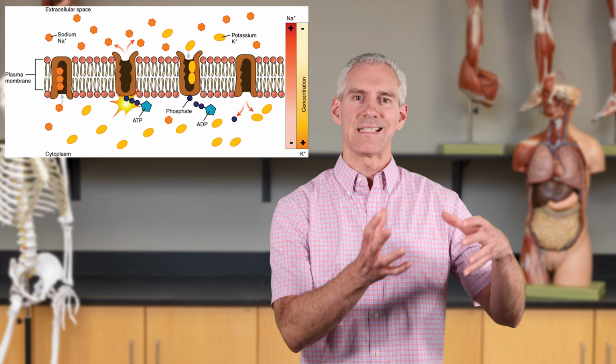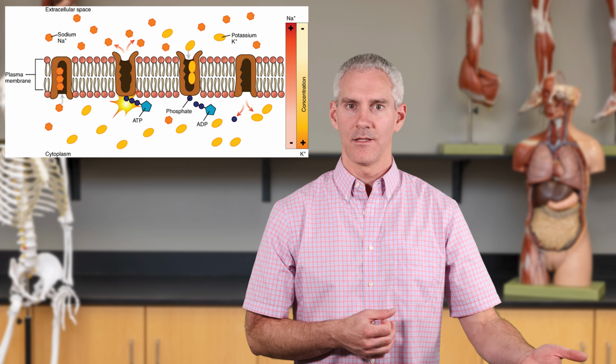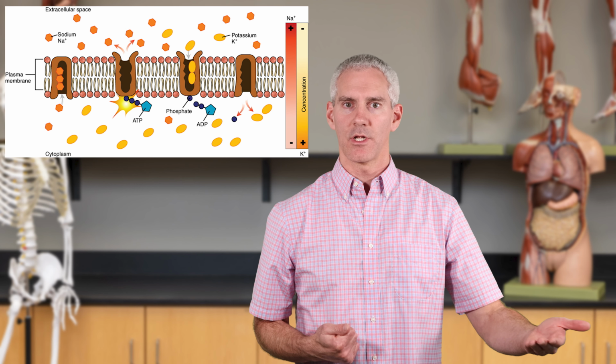And you build this high concentration of sodium outside the cell with a low concentration of sodium inside the cell. So when the channel is open and sodium can move, it travels high to low. The concentration gradient is set there. The gradient has stored energy.